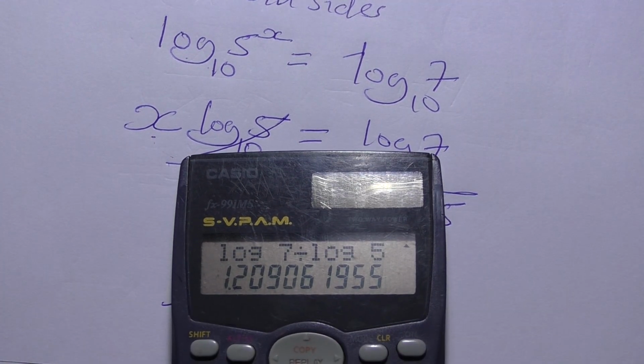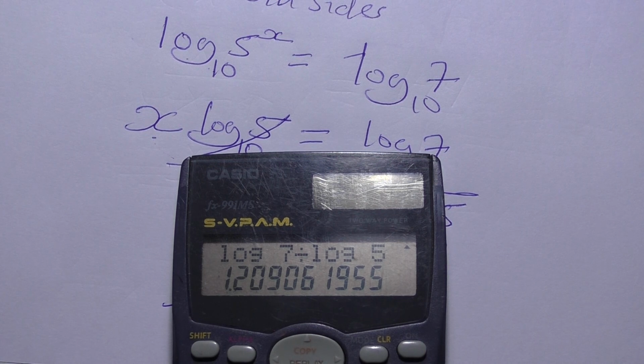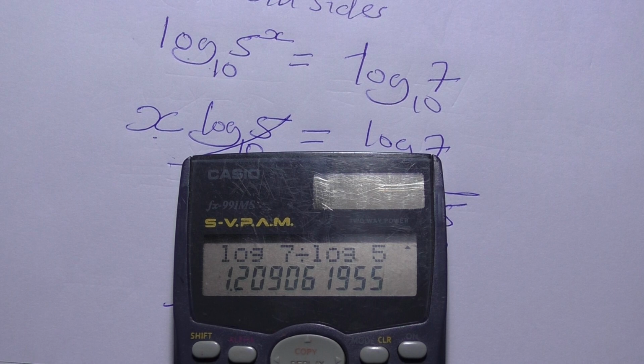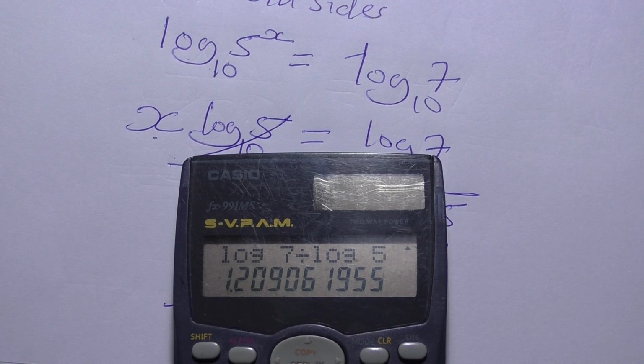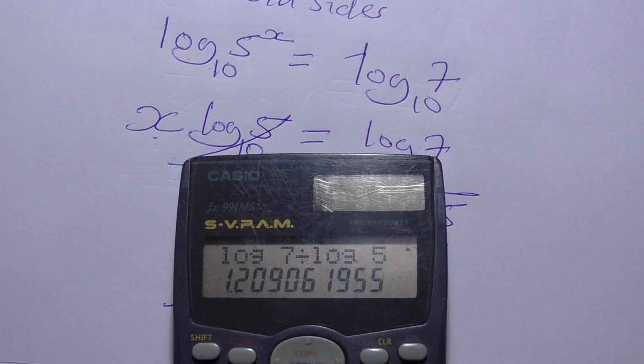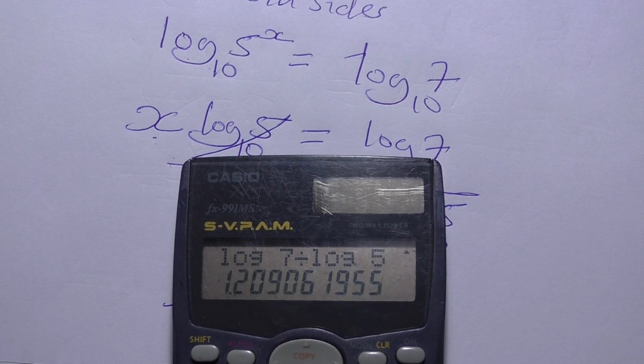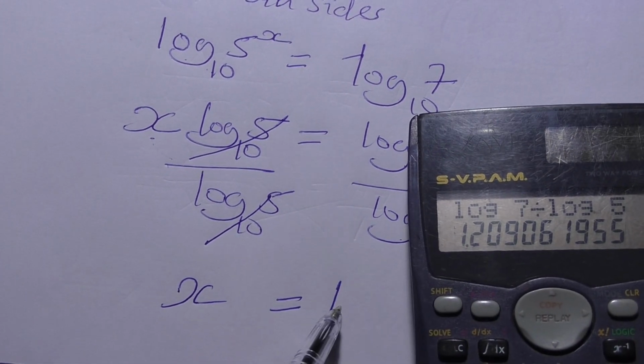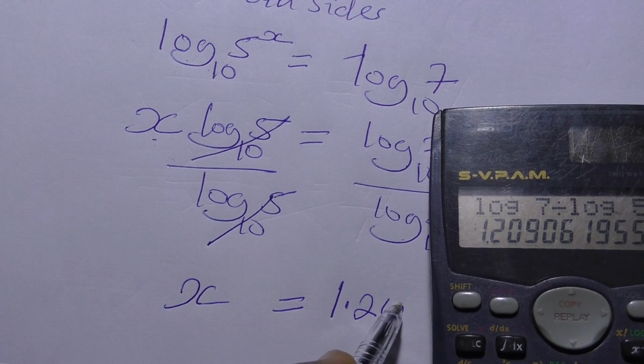We have 1.20906. Sometimes they dictate the number of decimal places or the significant figures. I'm rounding to 3 decimal places or 4 significant figures. I'll round off, that is 1.209.